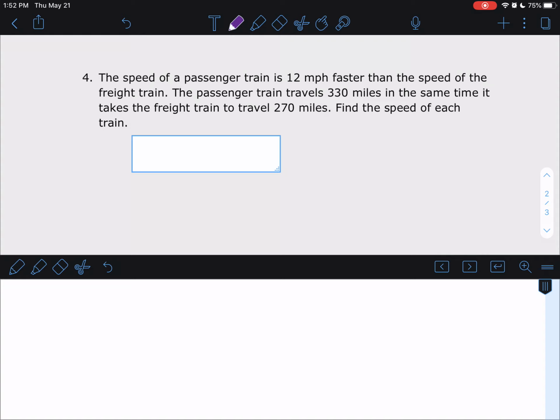So, the passenger train is traveling 330 miles per however long it takes the passenger train to travel that long, or the speed of the passenger train.